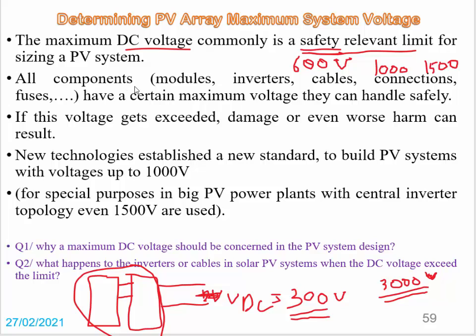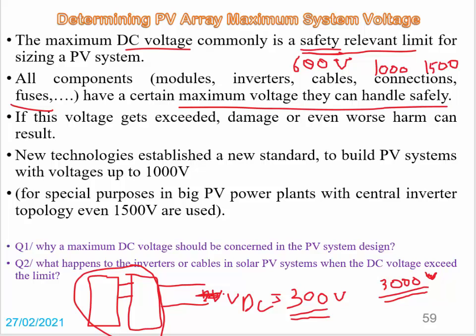So all components, modules, inverters, cables, connectors, and fuses have a certain maximum voltage they can handle safely. So for example, for this system, the modules, inverter, and cables can handle up to 600 volts. So in this case, there is no problem.